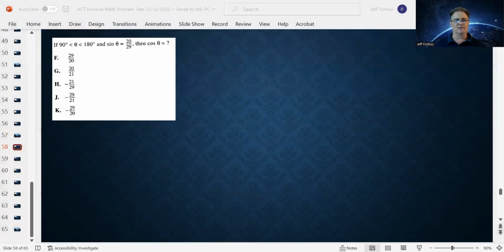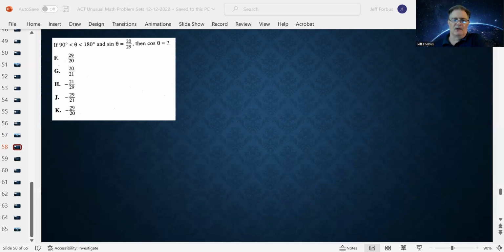All right, so this one asks, the angle is between 90 and 180 degrees, and they tell us the sine is equal to 20 over 29, but they say, well, what is the cosine? Okay, so there's a couple of things going on here.